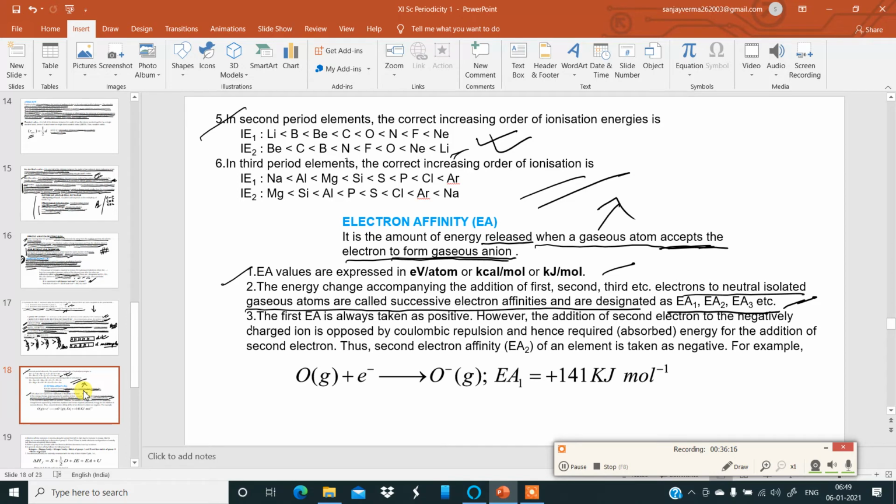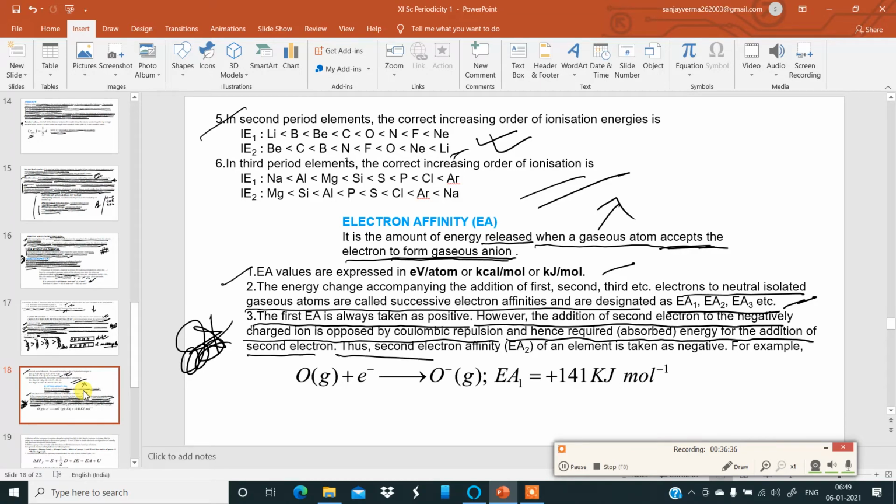The first important point, very important: the first electron affinity is always taken as positive. However, the addition of a second electron to the negatively charged ion is opposed by Coulombic repulsion and hence requires absorbed energy. Thus, the second electron affinity of an element is taken as negative.